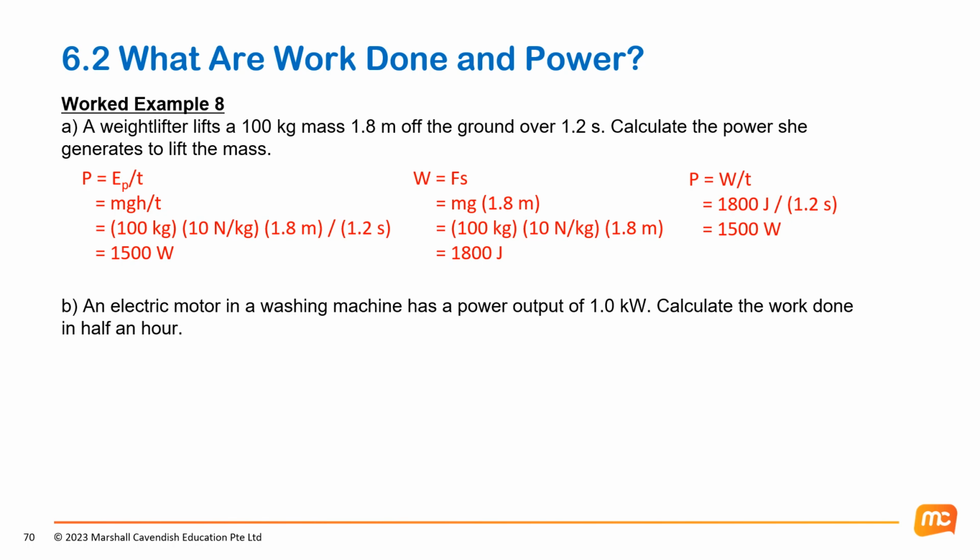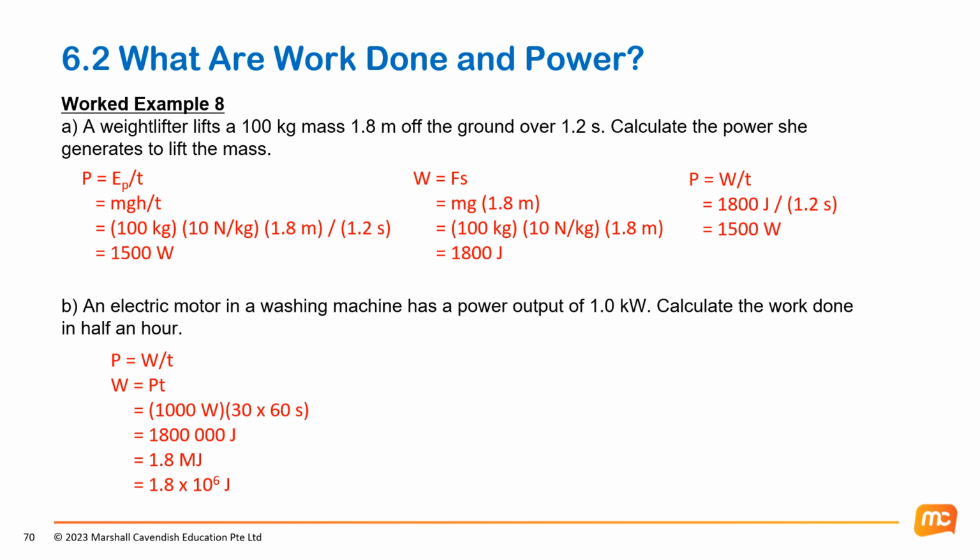Part B, we have an electric motor in a washing machine with a power output of 1 kilowatt. Calculate the work done in half an hour. We use our formula, power equals work over time, do a little bit of algebra, and we get that work equals power multiplied by the duration. Now, 1 kilowatt is 1000 watts because, as you recall back in chapter 1 with our prefixes, kilo is 1000, and half an hour is 30 minutes times 60 seconds because the SI unit for time is seconds.